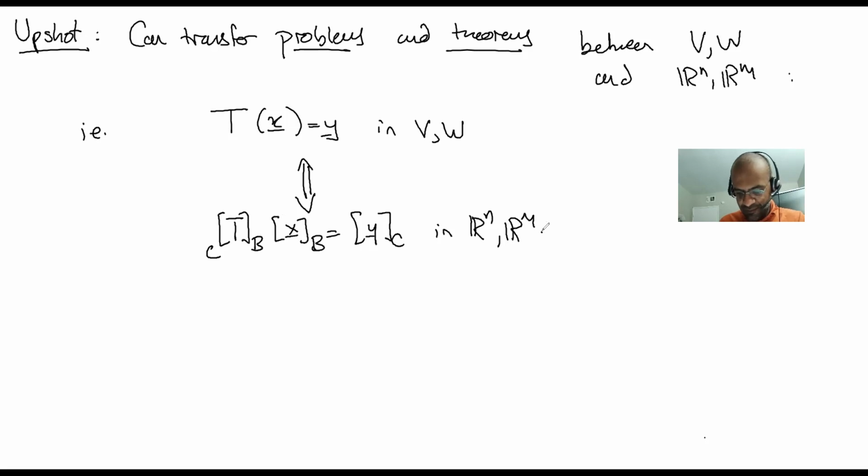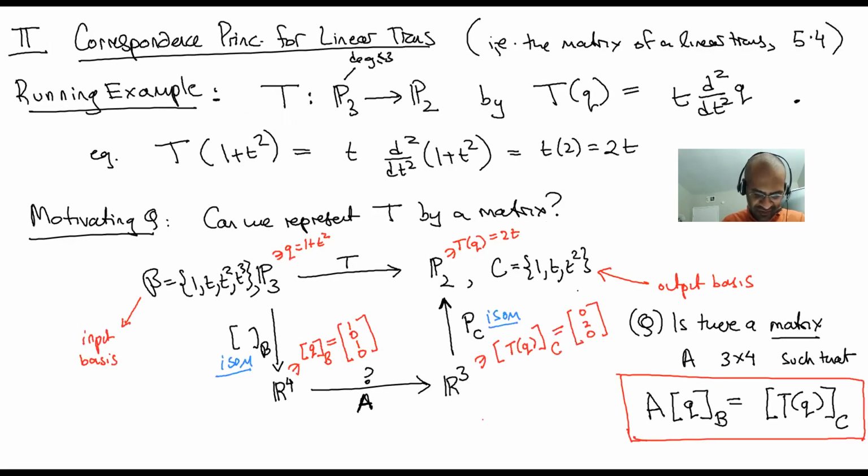So let's do some examples of that. Let's do a problem. The problem is going to be related to this example. Let's write that again so we remember what it is.